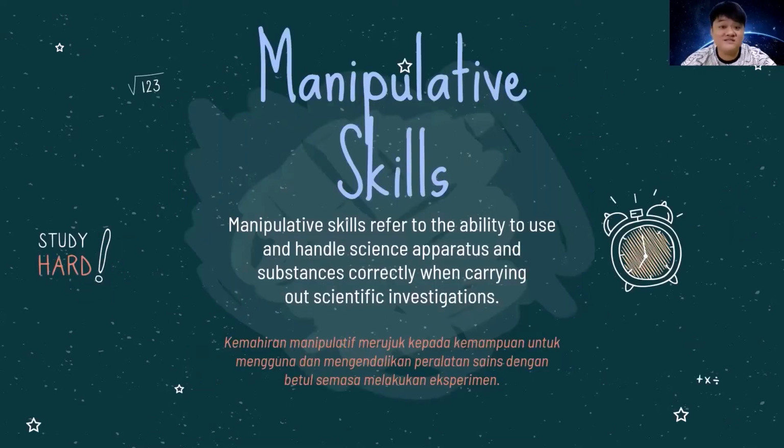Let's move on to the second skill which we are going to learn today. Manipulative skills. Dalam bahasa Melayu, kemahiran manipulatif. Kemahiran manipulatif adalah kemahiran yang kedua yang kita akan belajar pada hari ini.